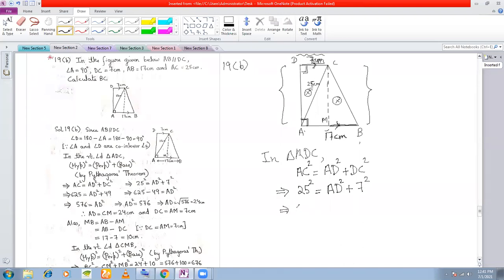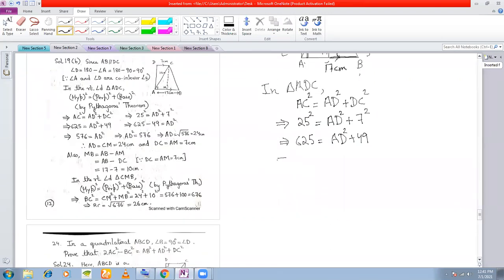So 625 is equal to AD square plus 49. So 625 minus 49 is equal to AD square. That means you get 576 is equal to AD square.